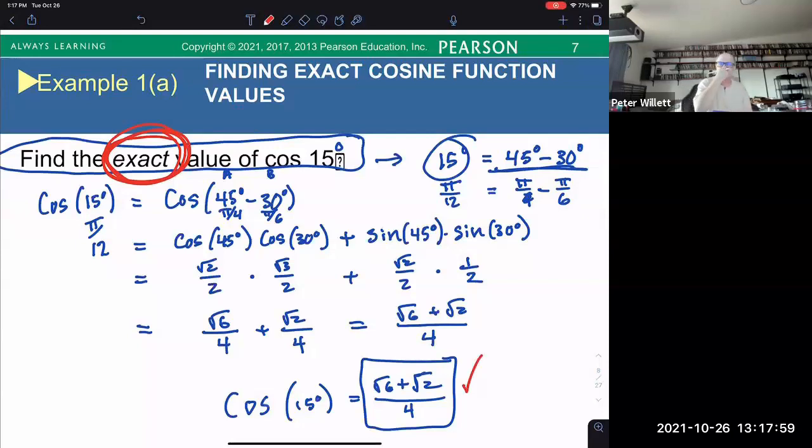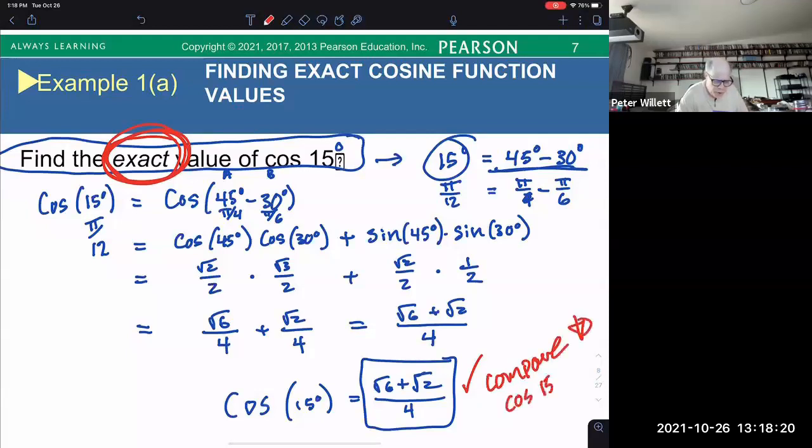Now that gives us one of the tools we could use to help ourselves, though. If you were trying to do this and you got this answer in the end and you're wondering, how do I know if this is right? Then you could compare to cosine of 15 degrees on a calculator.